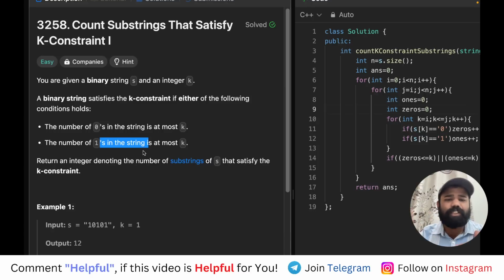Meaning either the number of 0s is at most k, or the number of 1s is at most k. So either of the two should be less than or equal to k. Here people got confused. If both become greater than k, then it is not valid. But if either 0 is less than or equal to k or 1 is less than or equal to k, then we will call it a k-constraint substring. So we have to find the number of substrings which are k-constraint.